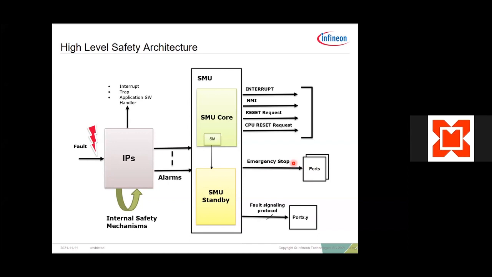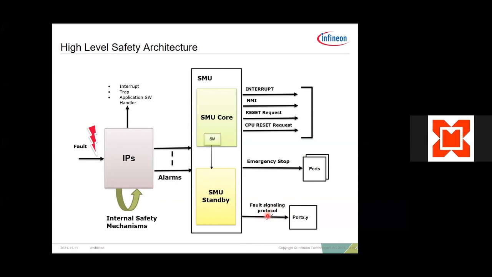Another external failure reporting option is a fault signaling protocol. For each alarm you can enable FSP. Two dedicated pins are available for the fault signaling protocol. They generate signal patterns for fault state and fault free state.